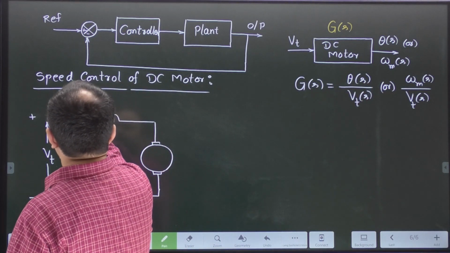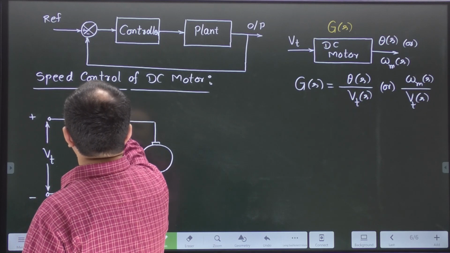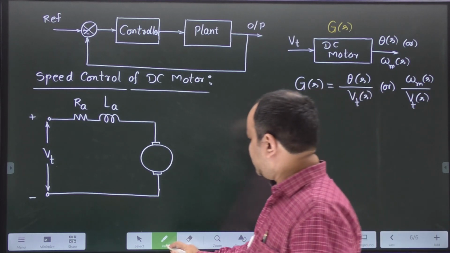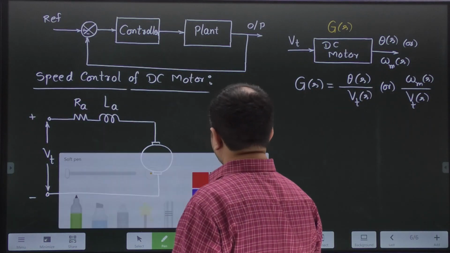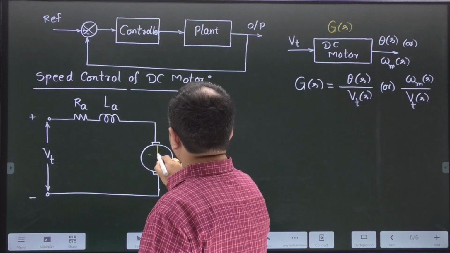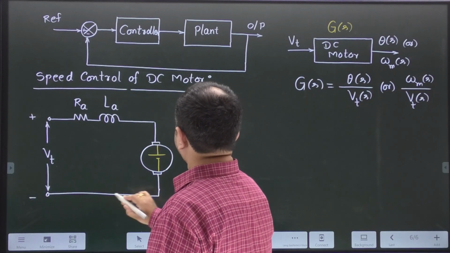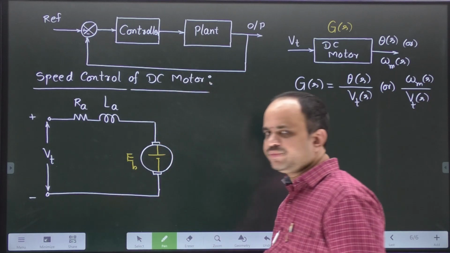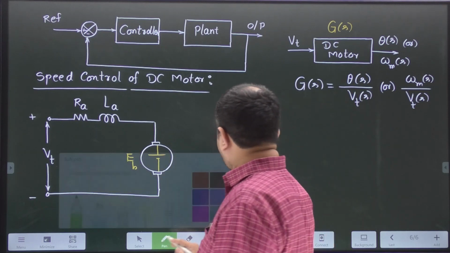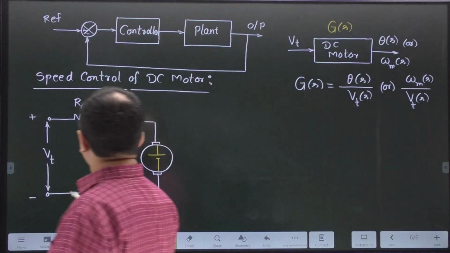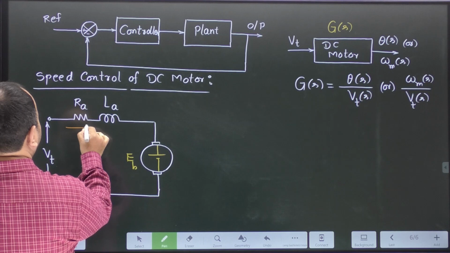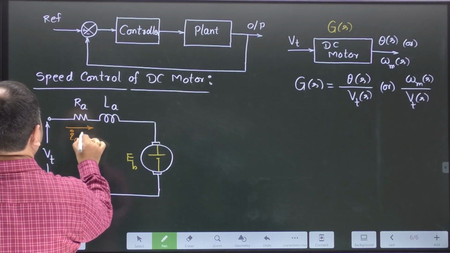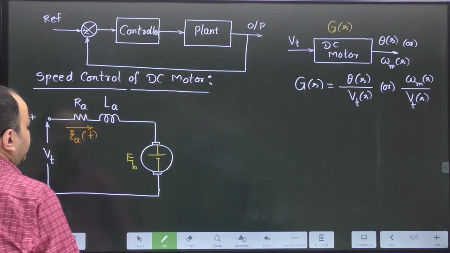So this is armature resistance and armature inductance. In the armature circuit, you can also take the back EMF, let me call it EB. And the current flowing through this armature circuit, you can take as IA of t, right?